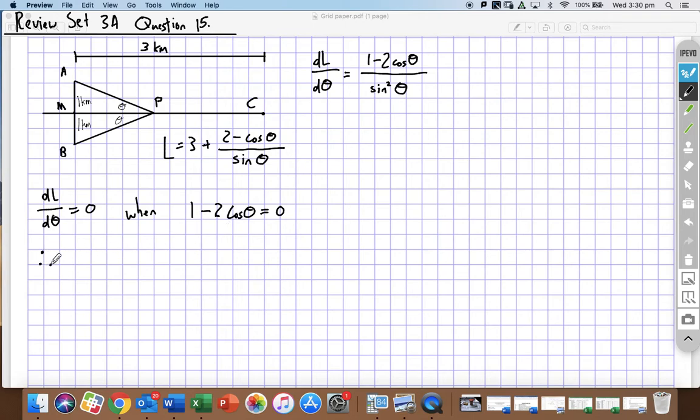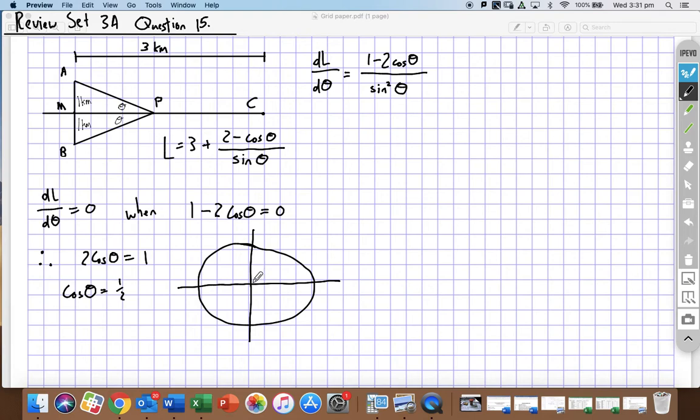Therefore, what's next? Well, if we minus 1 from both sides, we'd end up with minus 2 cos theta equaling minus 1. But let's just get rid of those minuses. We could say cos theta has to equal a half. All right. So unit circle time, when does cos theta equal a half?